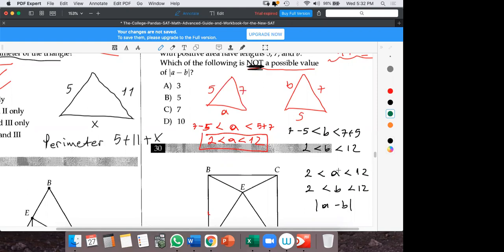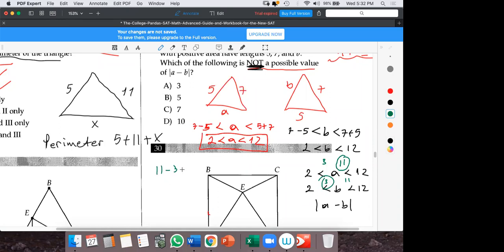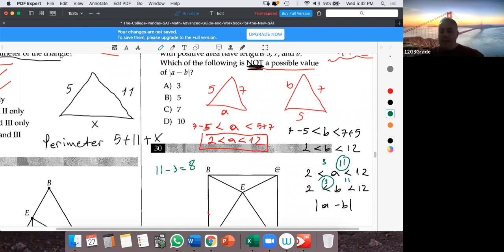A could be at most, let's say if it's an integer, 11, even though it could be 11.999, and the minimum is 3. Similarly B is between 3 and 11. If I choose A is 11 and B is 3, what is 11 minus 3? Eight. So the difference could be 8.